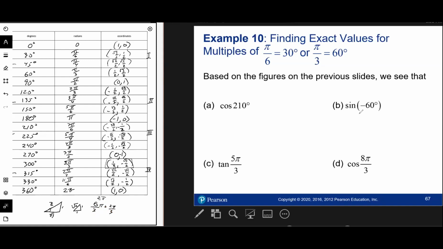So this is one circle, and then we do the 2/3 pi, which is back up here somewhere, in the second quadrant, and that's this ordered pair. And they're asking for cosine, which is the x value, so that's going to be a negative 1/2.